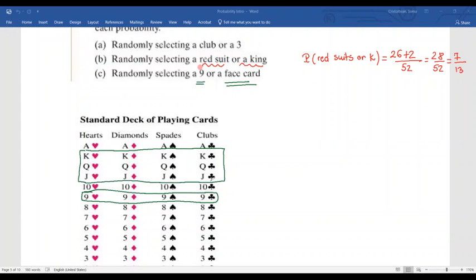So in this case, it seems that we do not have overlapping outcomes. So the probability of a 9 or a face card is actually 15. No, actually 16. 12 plus 4, 12 right here, and 4 right here, over 52. So it will be 4 out of 13.